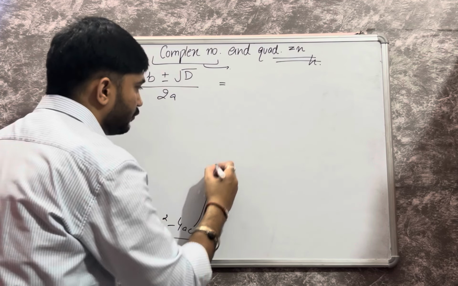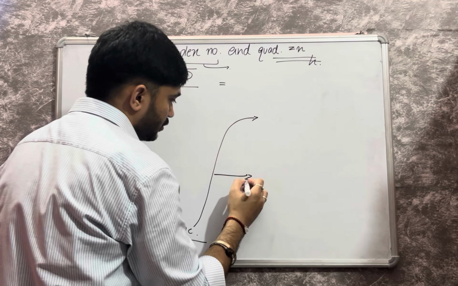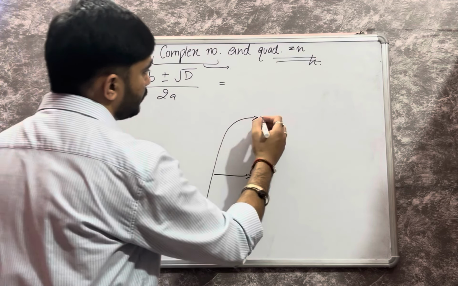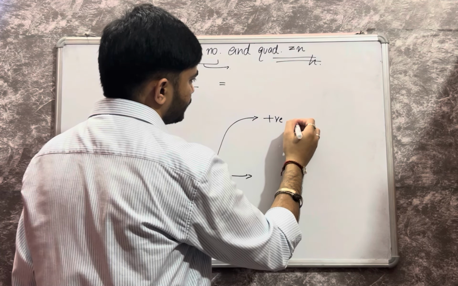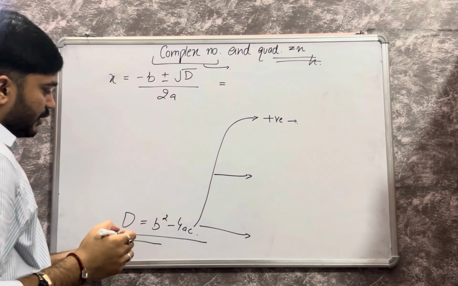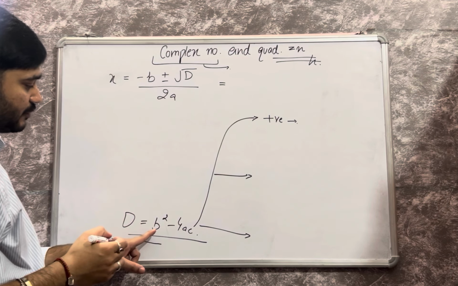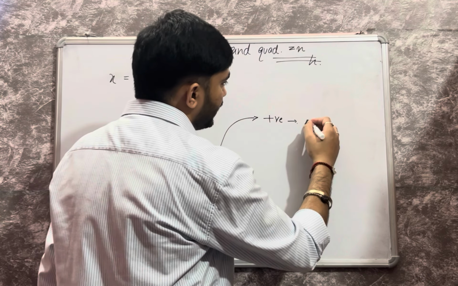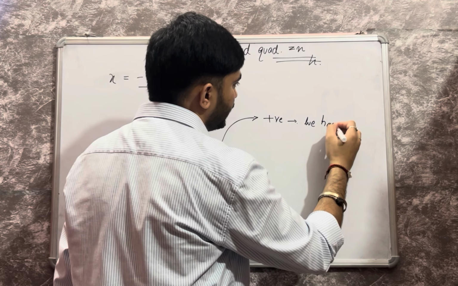Now the value of D can be of three types. First, positive. If the value of D is positive, means after finding b square minus 4ac, if the value of D is positive, we have real roots.